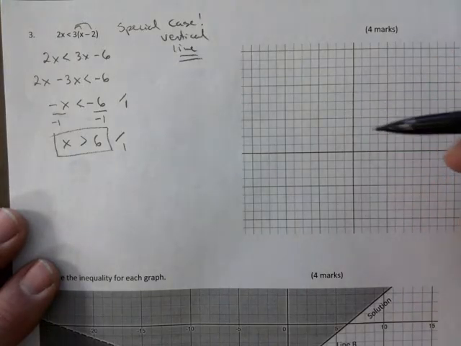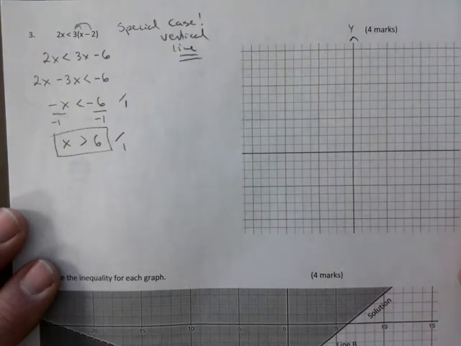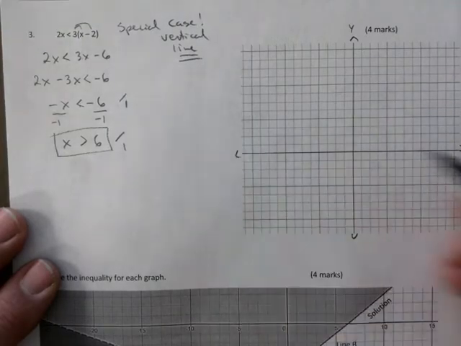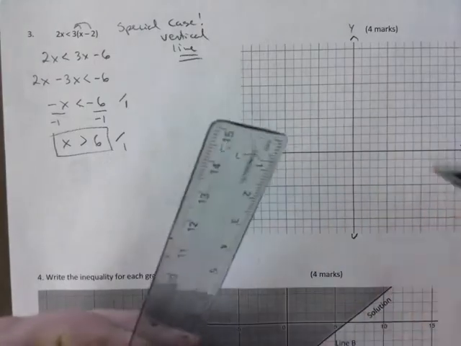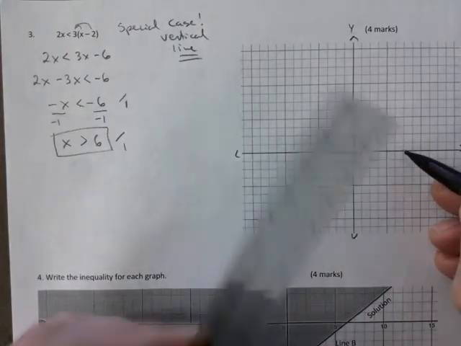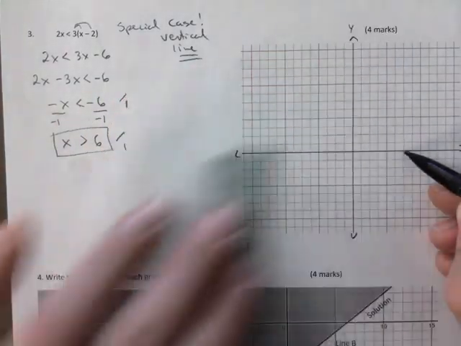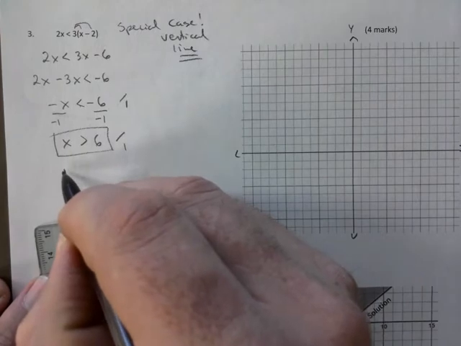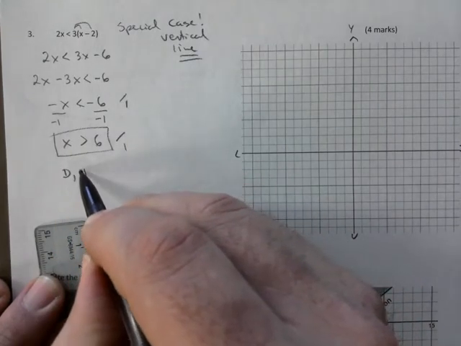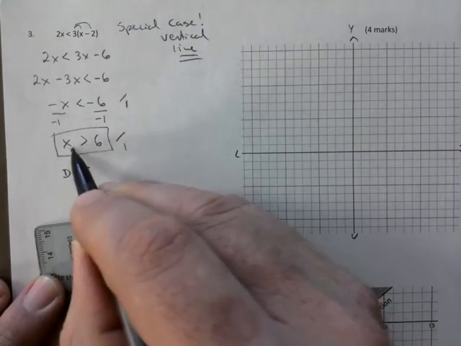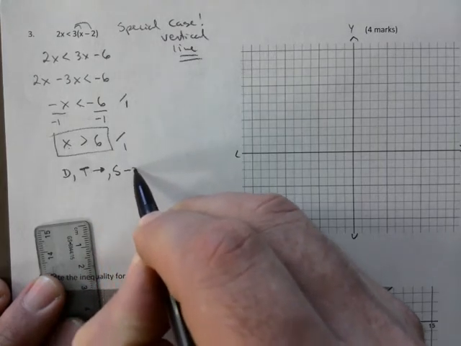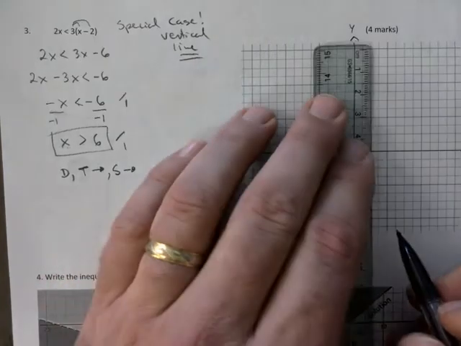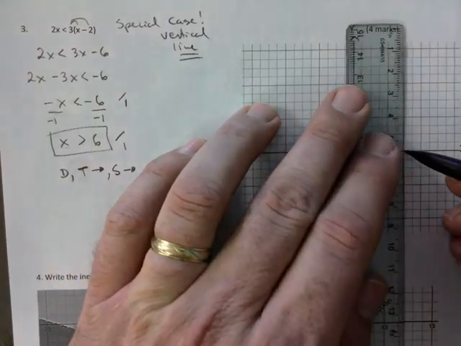Okay, and then so we just go ahead and graph it here. Okay, x, y, right? X is 6, so you go 4, 5, 6. Oh, hold on. This is dashed. The true region is where? Greater than. That means it's to the right. I'm going to shade to the right. So 6 is dashed.